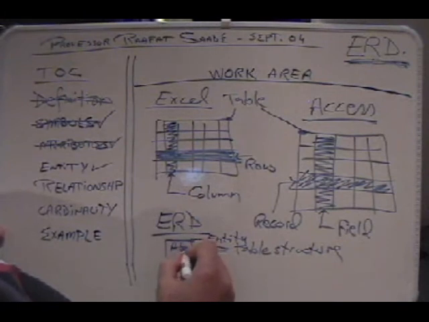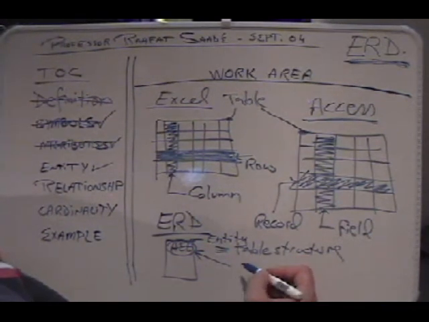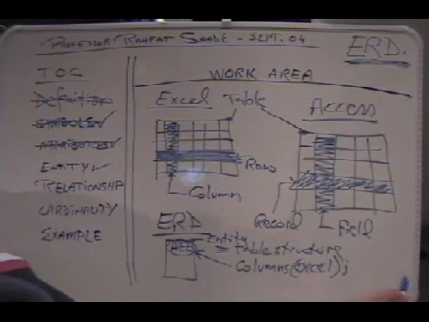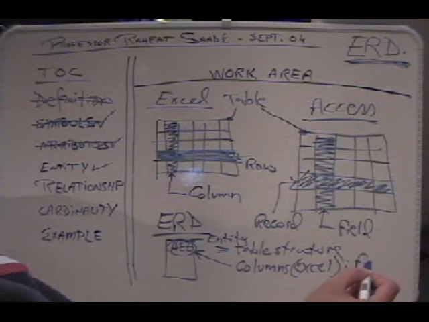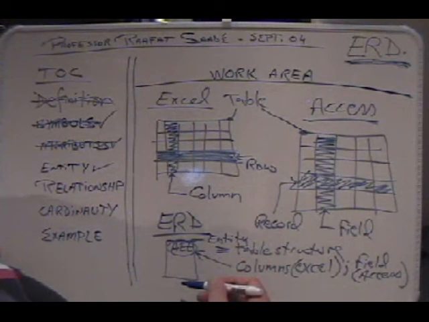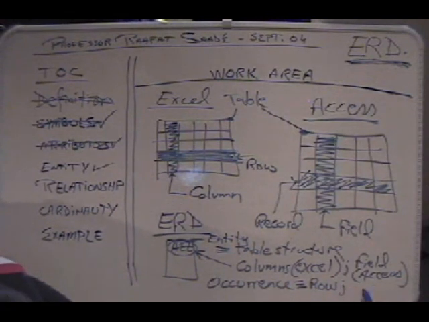The attributes correspond to columns in Excel, or attributes correspond to fields in Access, and occurrence corresponds in Excel to a row, and corresponds to a record in Access.